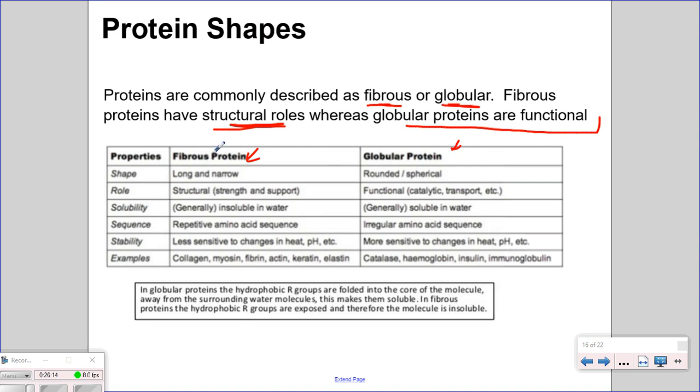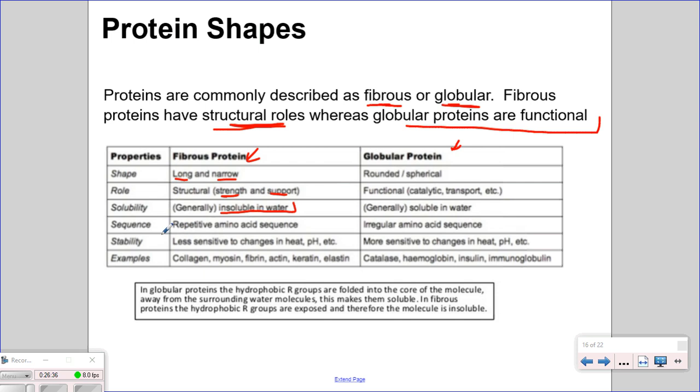So fibrous proteins tend to be long and narrow. They have that structural role in strength and support. And because they provide strength and support, they tend to be insoluble in water. They need to be able to hold things up, so we don't want them dissolved in water.